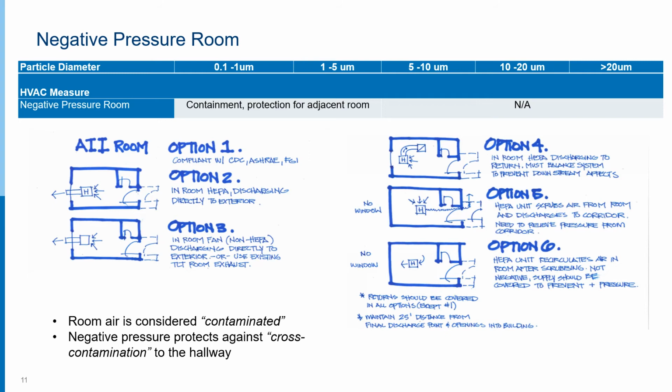It's worth repeating. Negative pressure can only prevent contaminants from leaving a room. Negative pressure does not do anything in the contaminated room. It prevents that contamination from spreading to other rooms. So for healthcare workers, if you're in the room, the negative pressure isn't doing you any good. If you're in the hallway, the negative pressure is a protective measure.